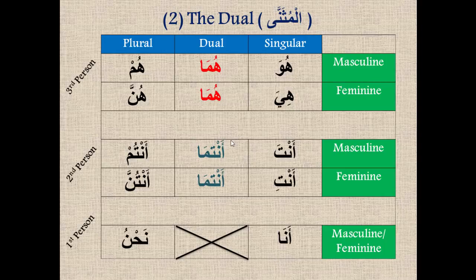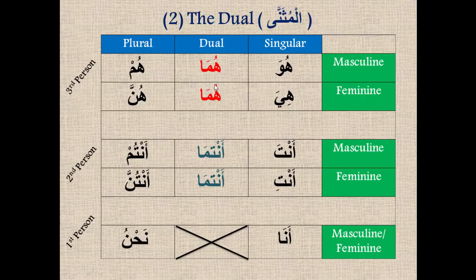And then the pronouns for the second person, masculine and feminine, are also identical. We have anta, antuma, antum. Anti, antuma, antunna. So antuma would be used when you are directly addressing two individuals, both in the masculine and in the feminine.